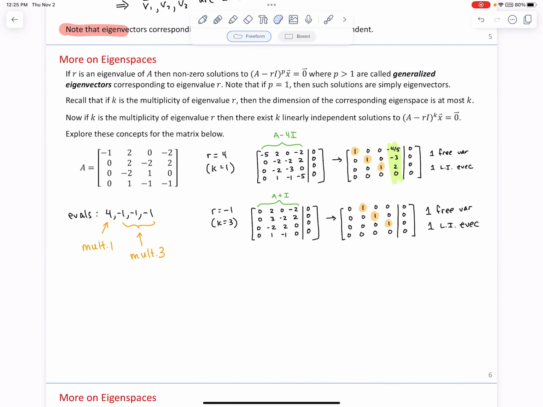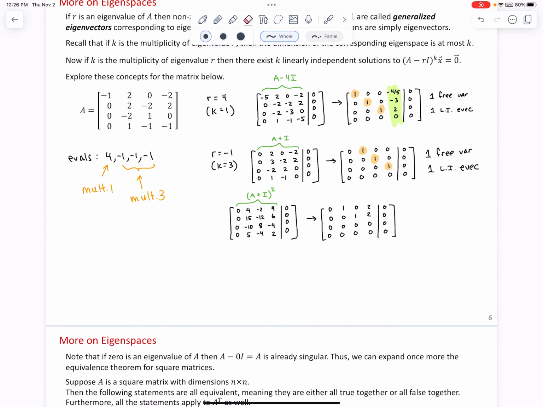What we're going to do now is repeat this process, but with powers of A + I. You can compute the power of A + I by hand, or you can use a matrix calculator to help. If you square A + I, you get the 4x4 coefficient matrix we see here, and we augment it with the 0 vector and put this in reduced row echelon form.